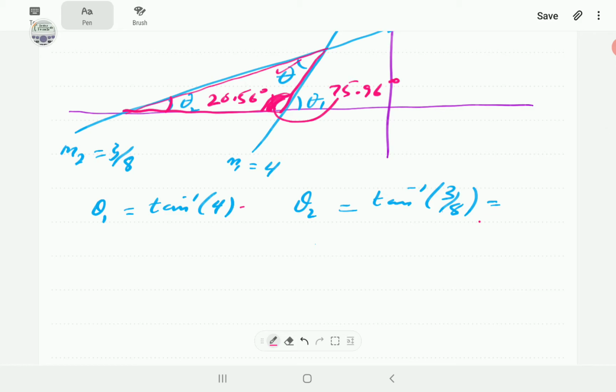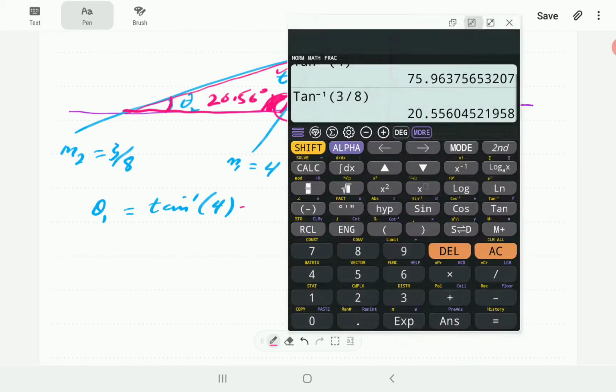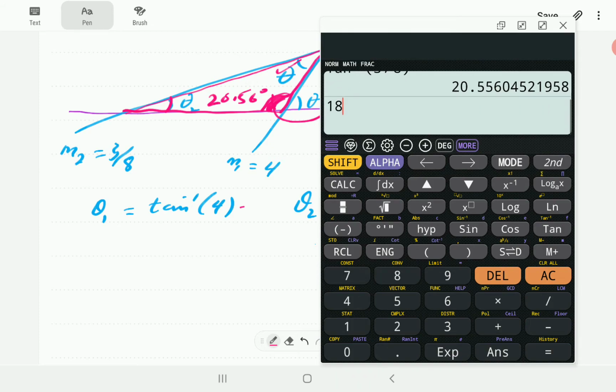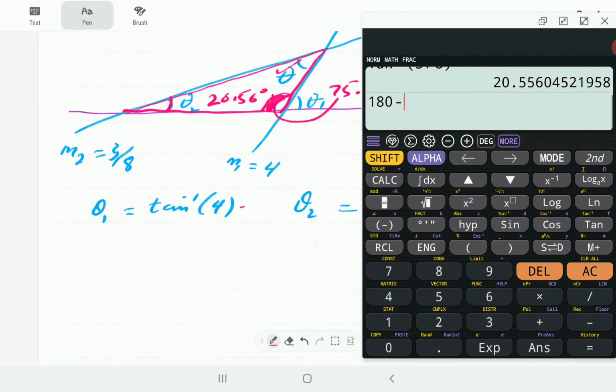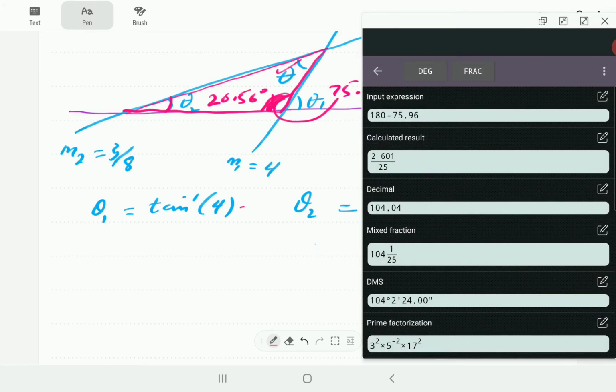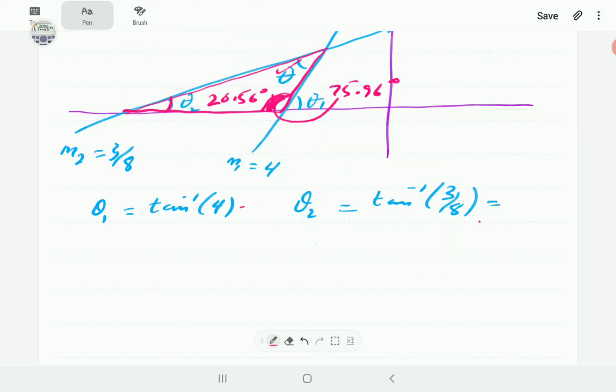So if we do 180 minus 75.96, in degrees it's going to be 104.04. So this angle here is 104.04 degrees.